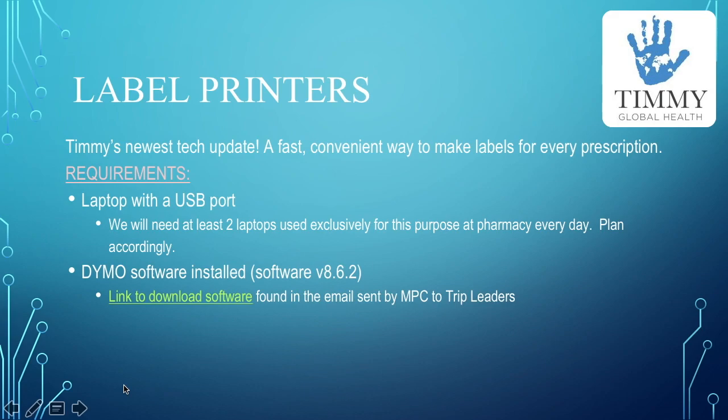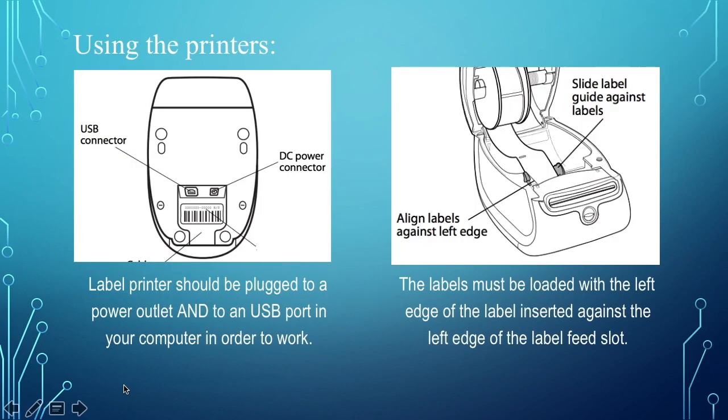The other thing that we ask is that you download Dymo software ahead of your trip. We're looking at Dymo version 8.6.2. You can download it from the Dymo website. In addition, the medical program coordinator should email you this information before your trip.